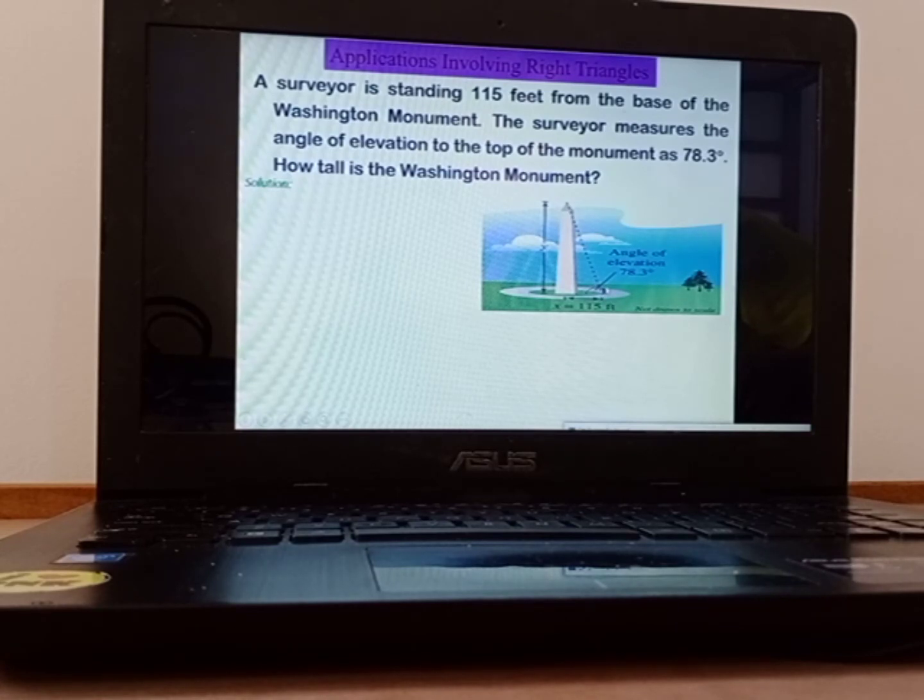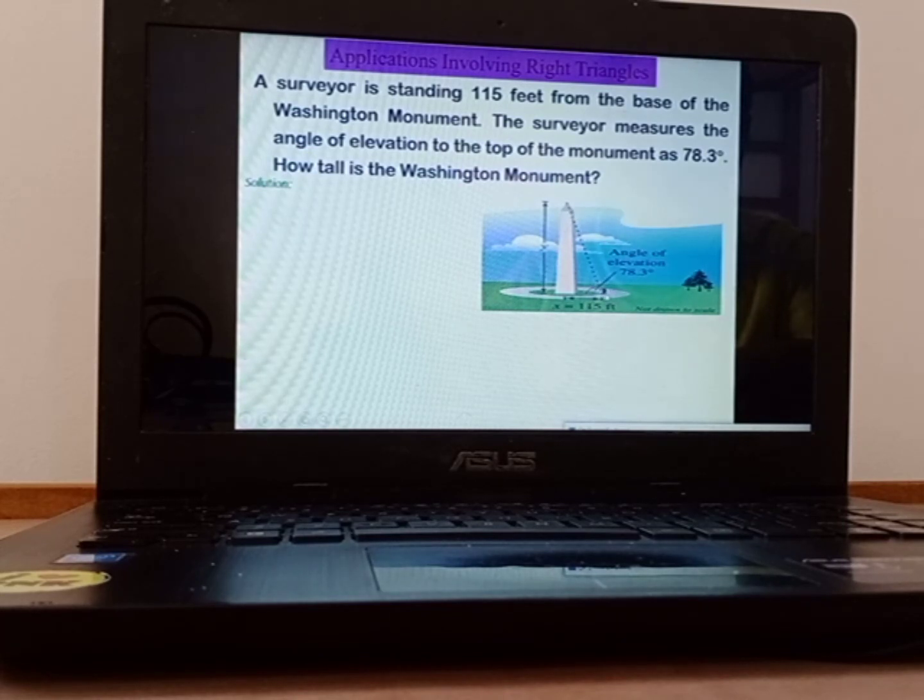Here is the surveyor standing on the monument, and the angle of elevation of the surveyor to the top of the Washington Monument is 78.3 degrees.